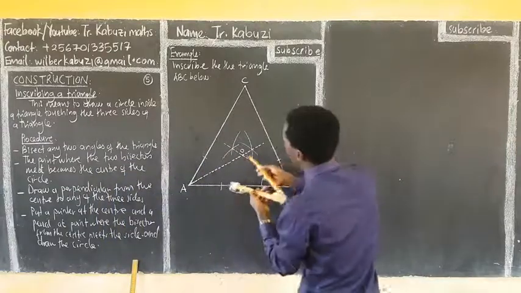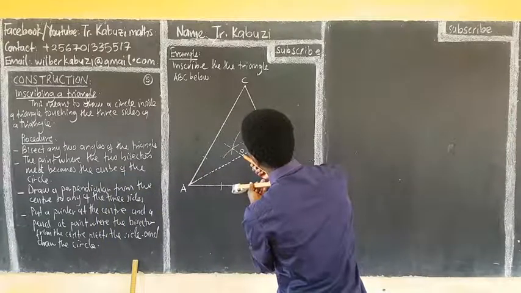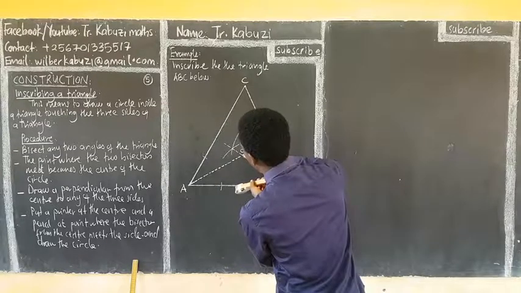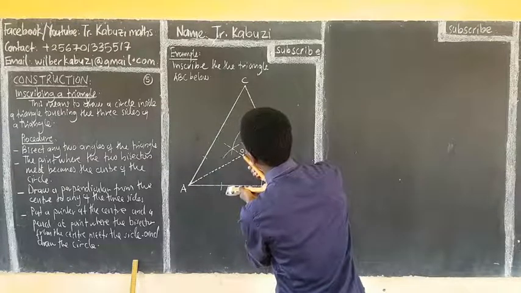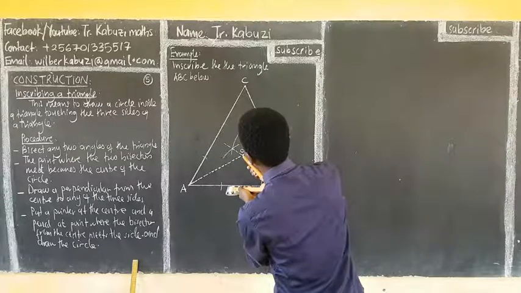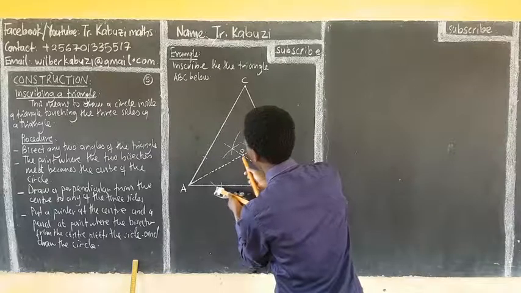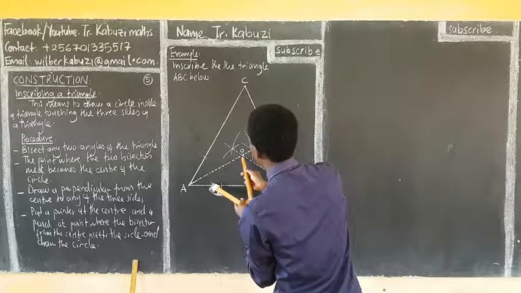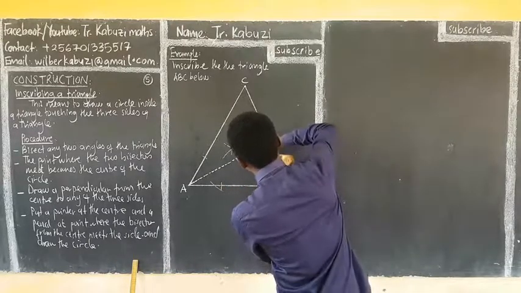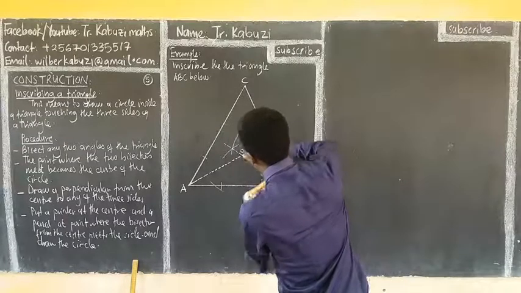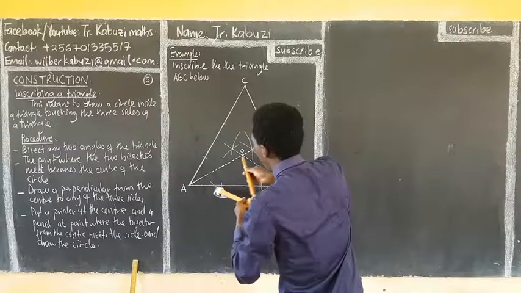We put this pointer there, where that point is, then you draw an arc there, and also an arc there. Let me adjust it a little bit. So you draw an arc there, an arc there, and also an arc there, like that. That's how we do it from a point to a line.